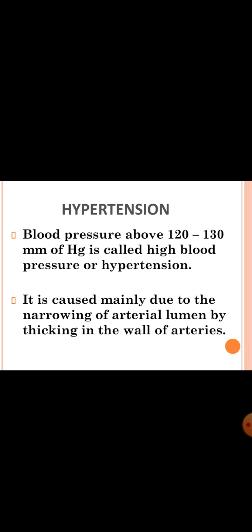Next topic is hypertension. It is also related with blood pressure. Let's see how. As we know, blood pressure above 120 to 130 mm of Hg is called high blood pressure or hypertension, and it is caused mainly due to the narrowing of arterial lumen by thickening in the wall of arteries.